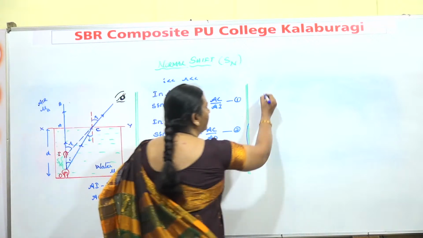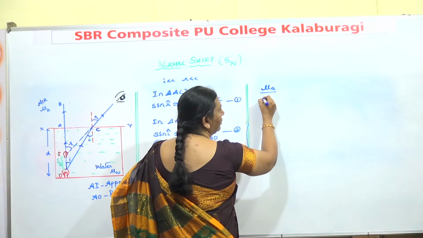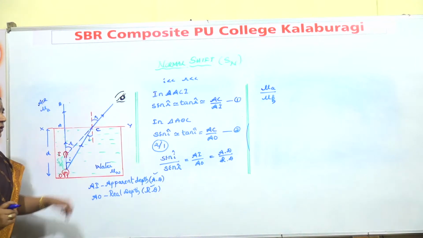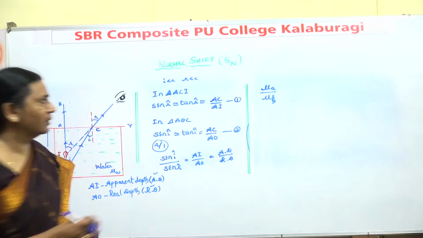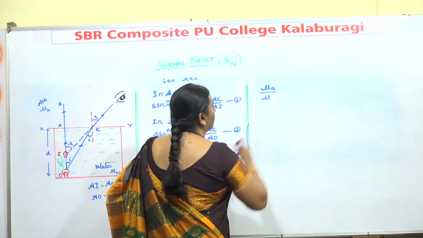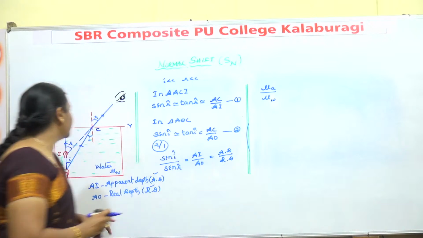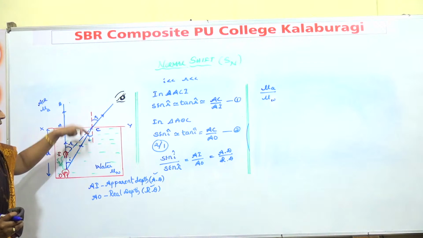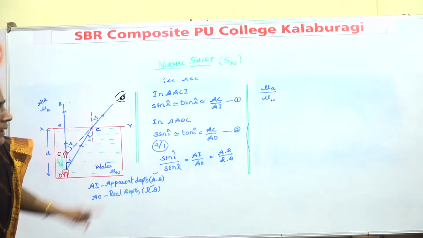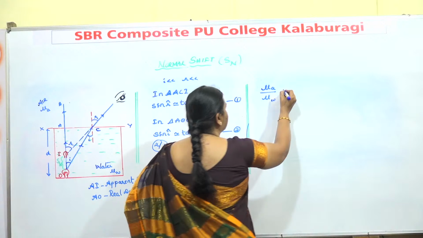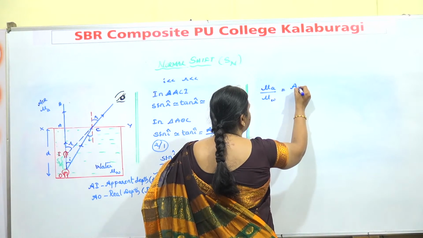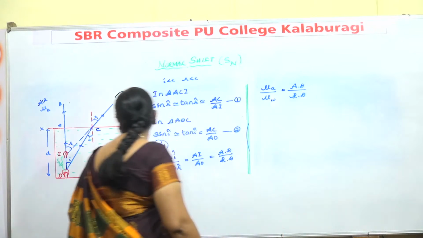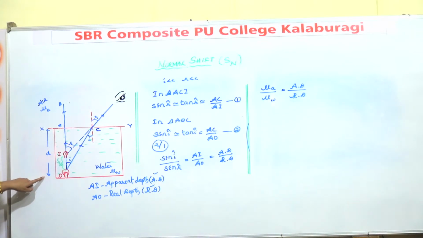Your first medium is water, but not glass, because light is traveling from here to here. So this will be equal to the apparent depth divided by real depth. Real depth we have already taken as d.